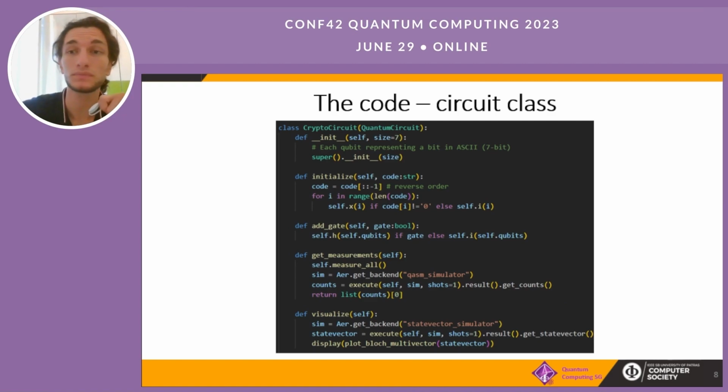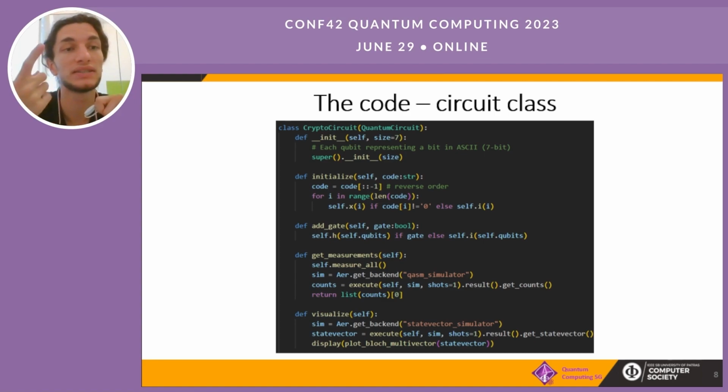Finally, the class for the circuit, the class where all the characters that are to be sent are encoded, is the crypto circuit class, which extends the Qiskit's quantum circuit and adds the necessary methods for the game.